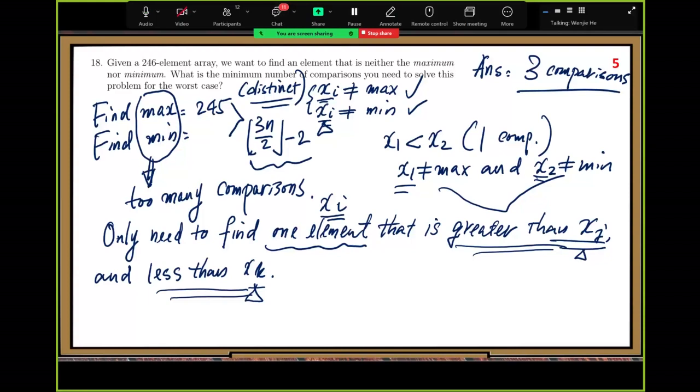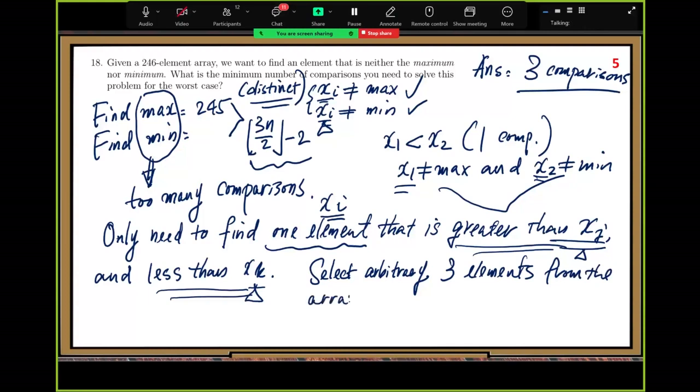From this observation, how about we just select arbitrary three elements from the array. For simplicity, we can select x1, x2, x3.